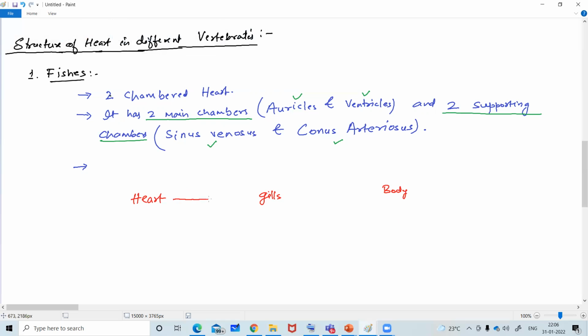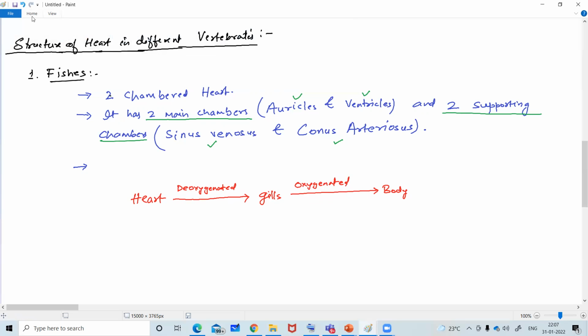So from the heart, blood goes to gills. And what type of blood is going? That is deoxygenated blood. What kind of blood goes to the body from the gills? This is oxygenated. Now always remember, gills are not a heart. That is a different thing, right?